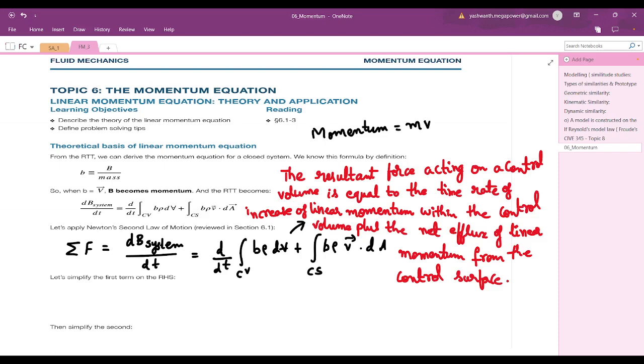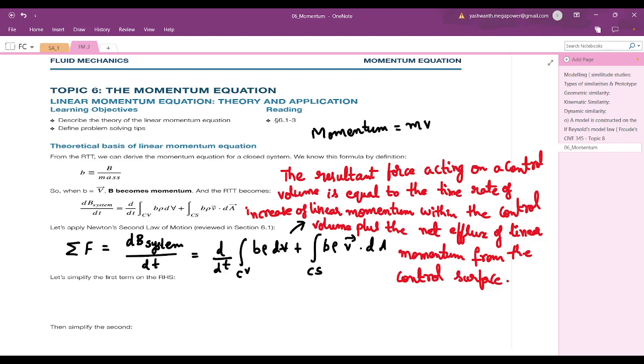The resultant force acting on a control volume is equal to the time rate of increase of linear momentum within the control volume plus the net efflux of linear momentum from the control surface.